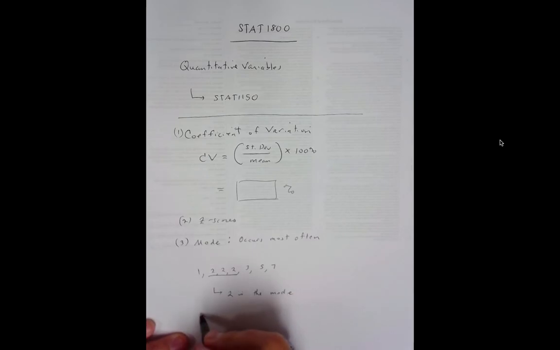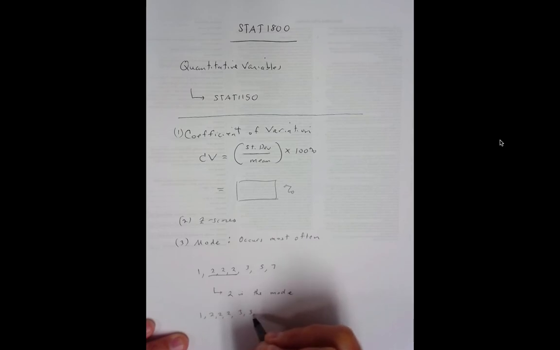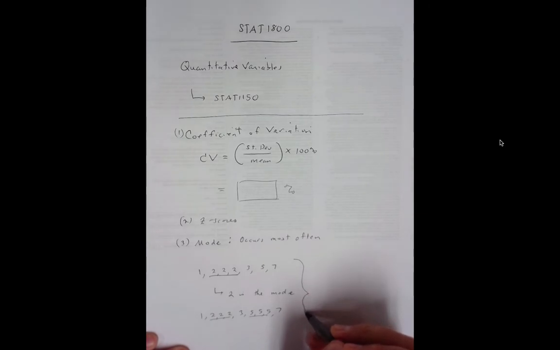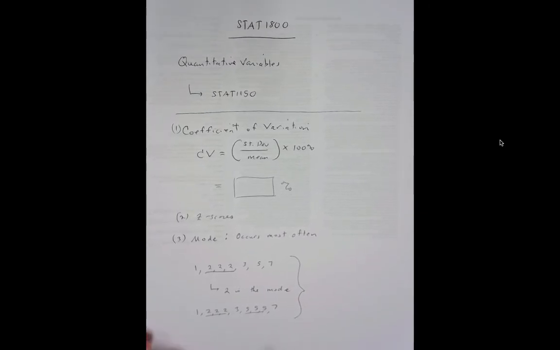Now, if I were to add something to this data set, and let's say that I end up with more 5s than what I did up here, then we would say that we have a bimodal distribution. So the mode would be 2 and 5. So again, if this is as hard as it got, you guys would be in really, really good shape.